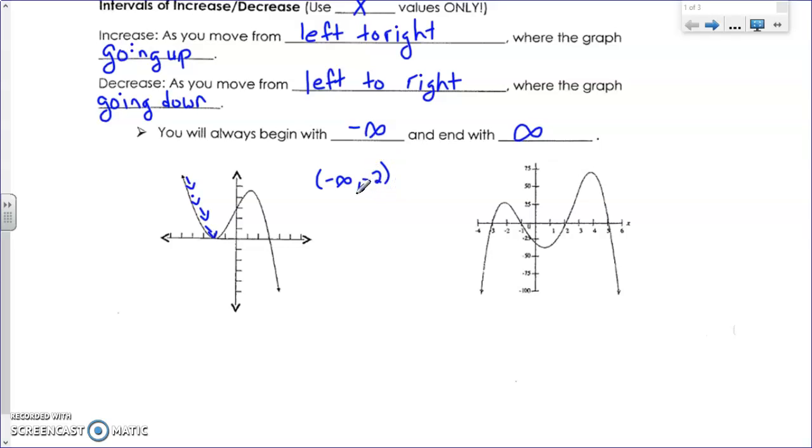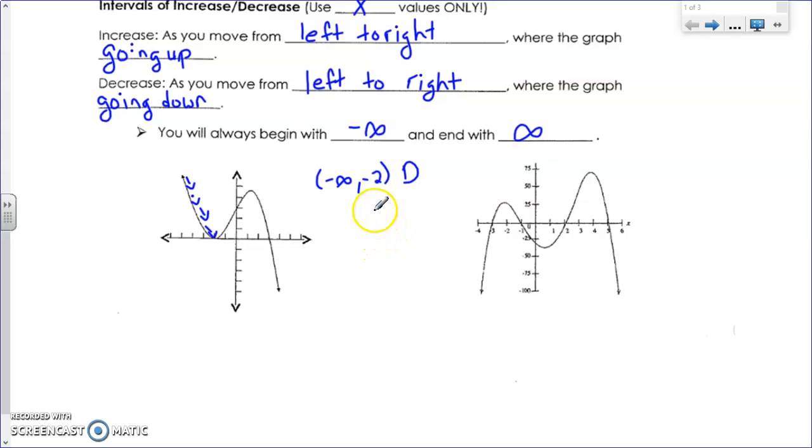So from negative infinity to -2, the graph is doing what? Going down, so that would be decreasing. So I'm just going to put a D beside it. I'm going to go in order with my graph instead of worrying about decreasing or increasing. Sometimes this makes it easier and then I can list it.